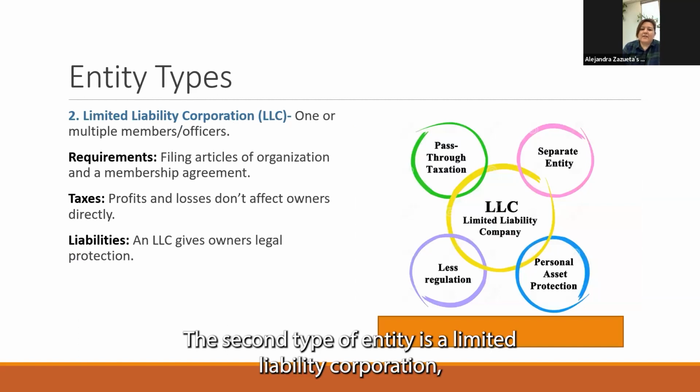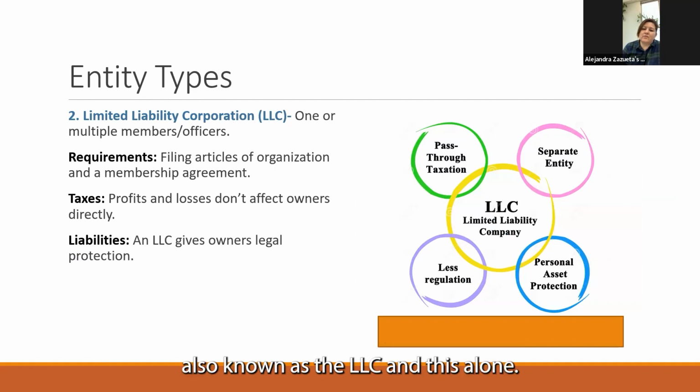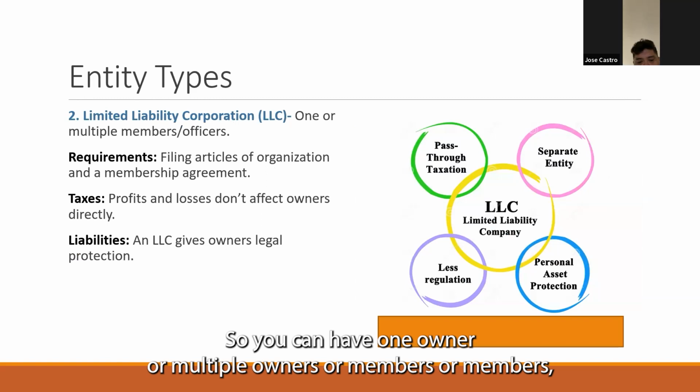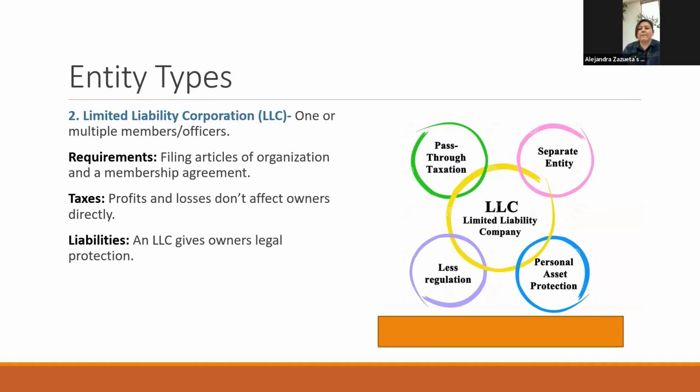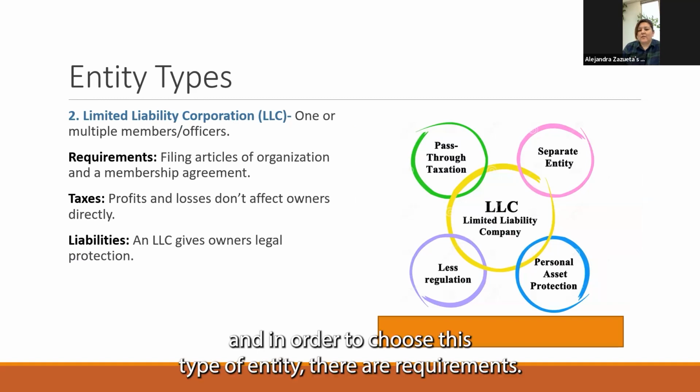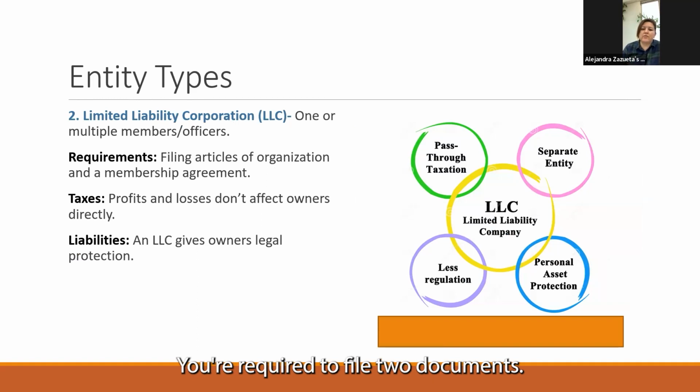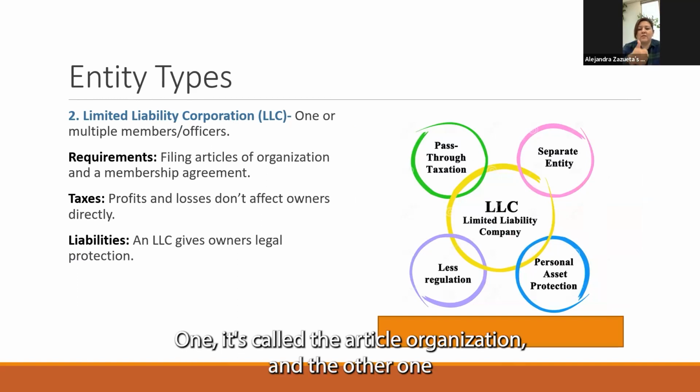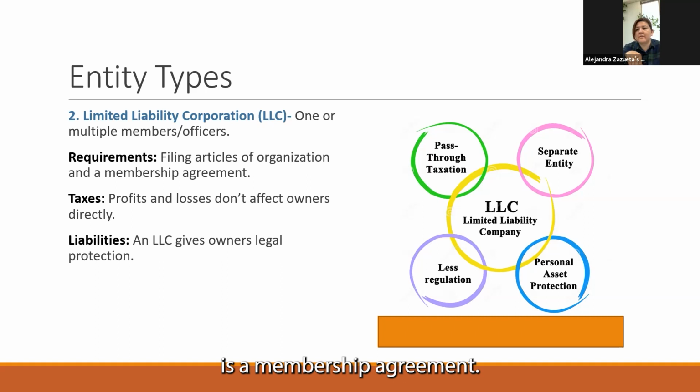The second type of entity is a limited liability corporation, also known as the LLC. With an LLC, you can have one owner or multiple owners, who are called members. In order to choose this type of entity, there are requirements. You're required to file two documents. One is called the Articles of Organization, and the other is a membership agreement.